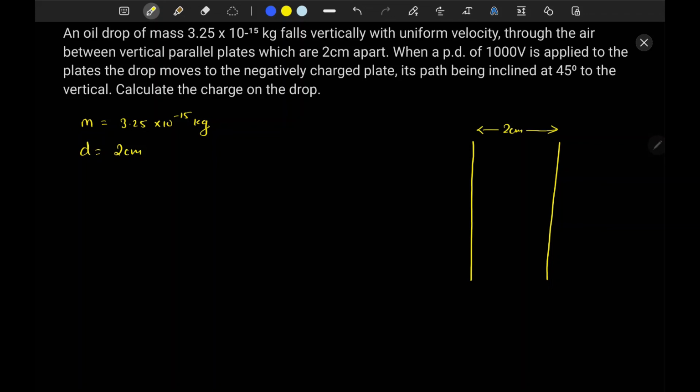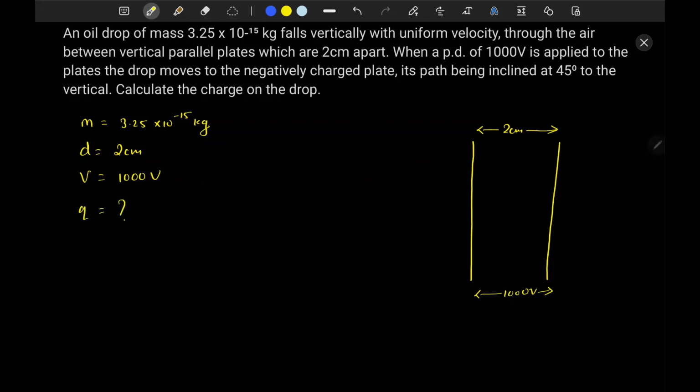When a potential difference of 1000 volt is applied to the plates, the drop moves to the negatively charged plate, its path being inclined at 45 degree to the vertical. Calculate the charge on the drop.